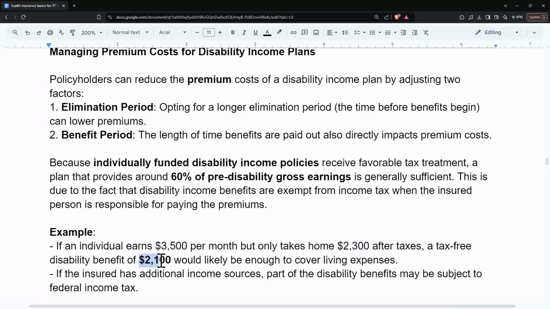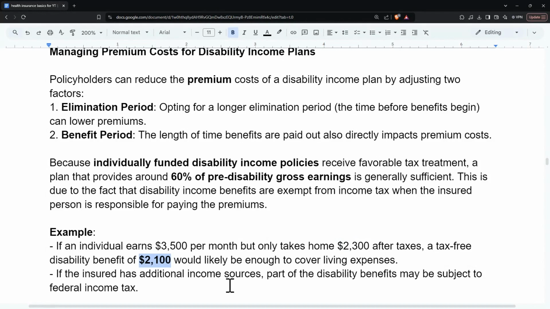A tax-free disability benefit of $2,100 would likely be enough to cover living expenses. Okay, that's 60% of the total amount. It's because the disability benefit is not taxed. So the $3,500 after tax is about $2,300.